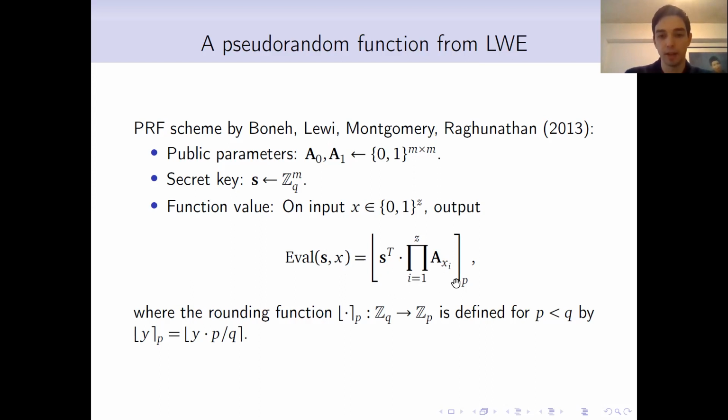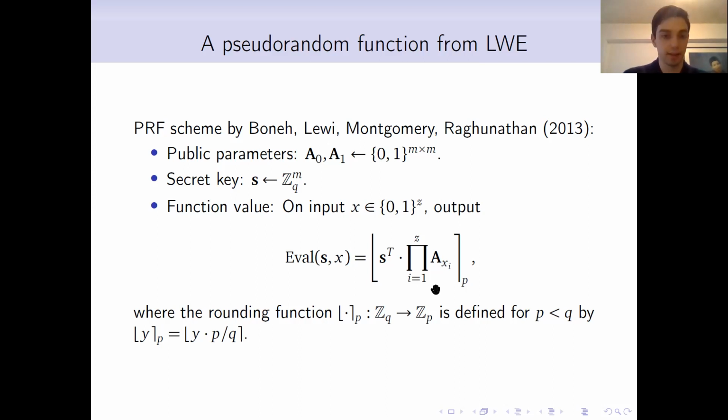And finally, we apply this rounding operation, which goes from Z_q to Z_p, where p is a significantly smaller modulus. And it is just multiplying by p, dividing by q, and then rounding to the nearest integer. So notice the similarity between this expression and learning with errors.